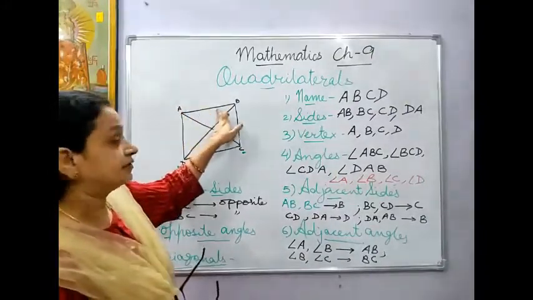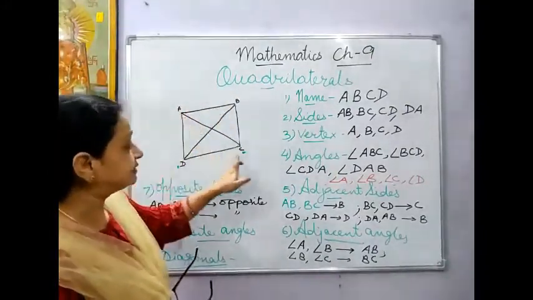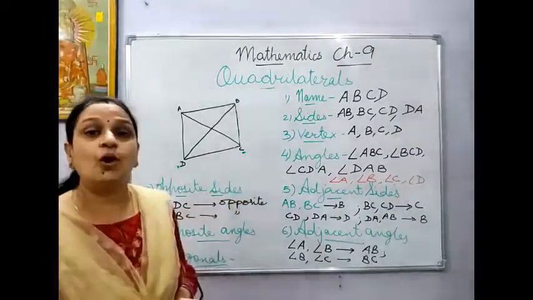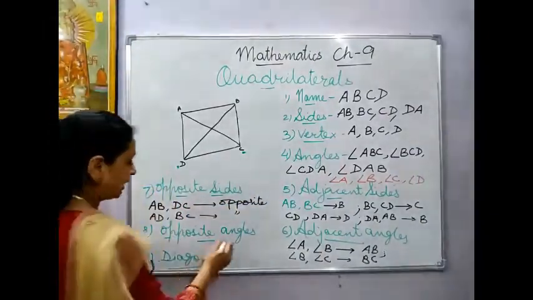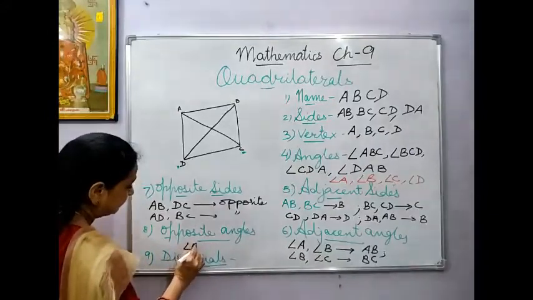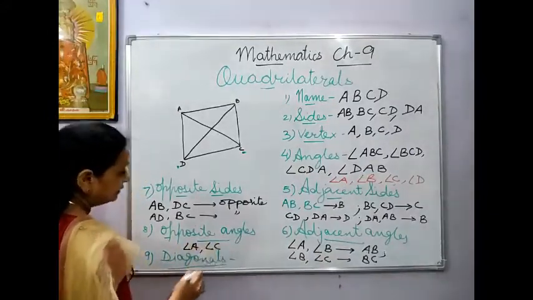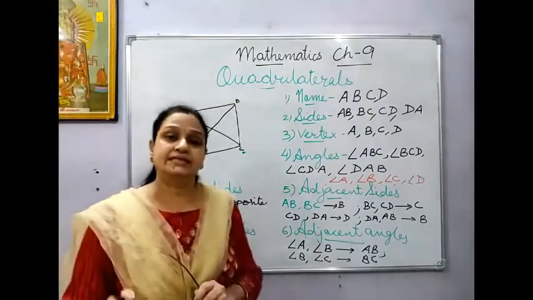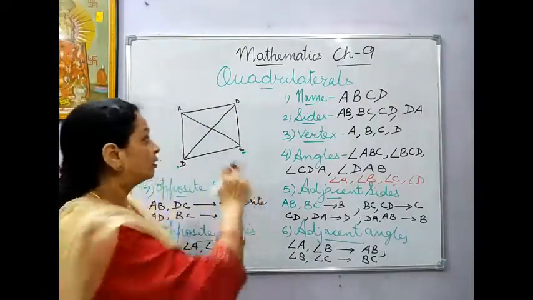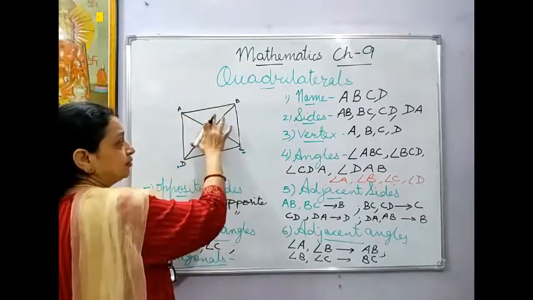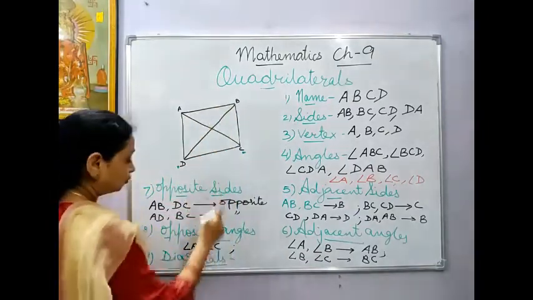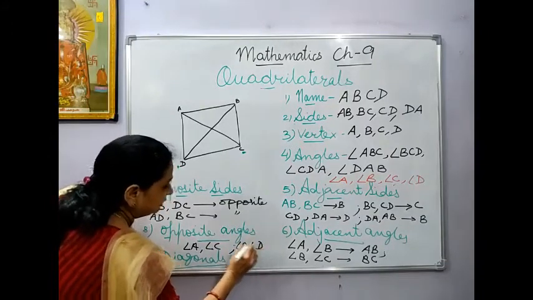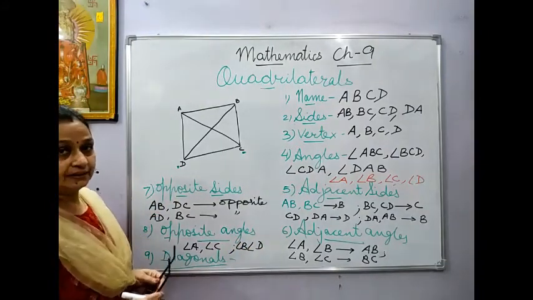So adjacent means they have a common side, but angle A and angle C do not have a common side. That is why they are called opposite angles. Then these are also opposite because they don't have a common side. Children, the common sides are these, not the center ones. So angle B and angle D are the opposite angles.